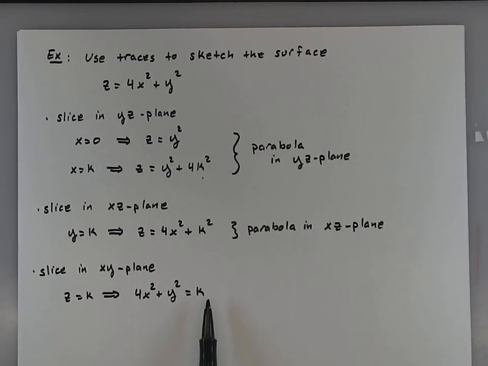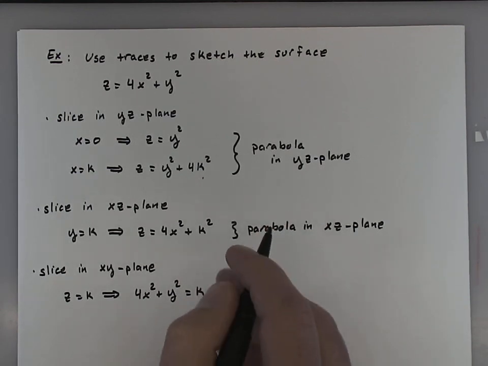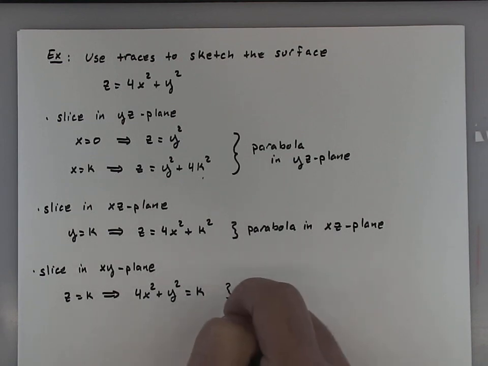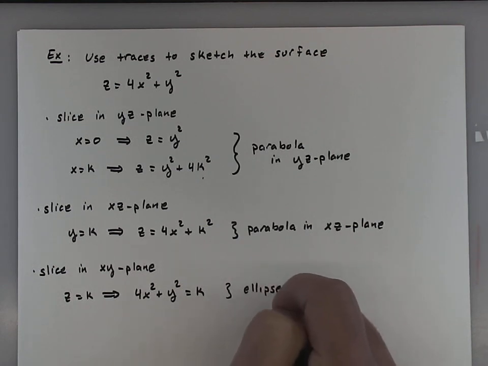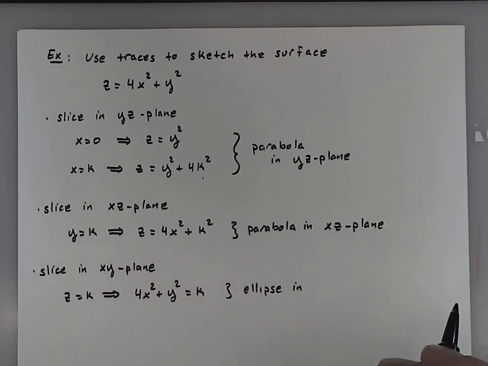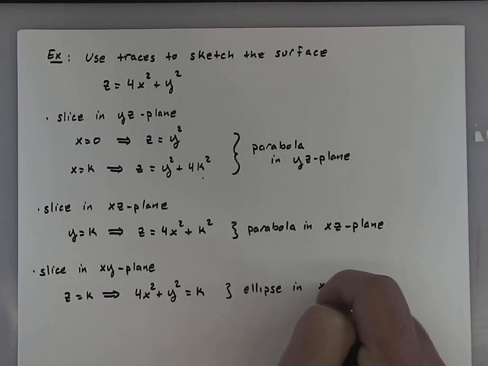Since k is a constant, if I divide everything by k, this will turn into an ellipse. So this is an ellipse in the xy plane.